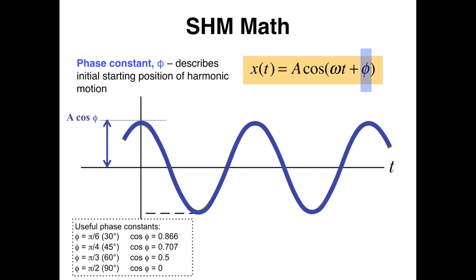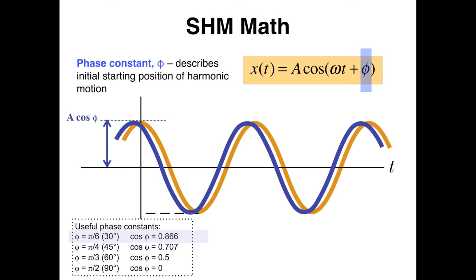So if you have some phase constant, let's say you have a phase of pi over 6. That means you've shifted this back. It's a positive phase, so the whole graph shifts back pi over 6. The way you want to think about that is now it crosses the x-axis at cosine pi over 6.